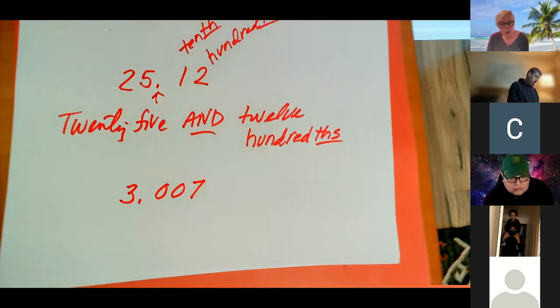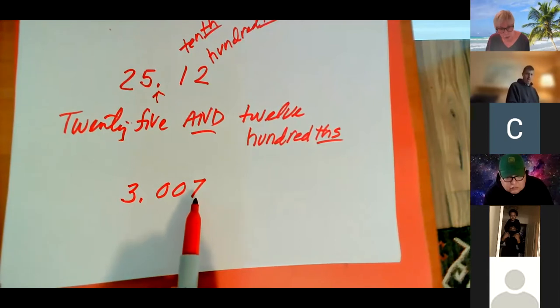Tenths, hundredths, and the 7 is in the thousandths. So this would be read 3 and 7 thousandths. "And" for the decimal point, and 7 is 3 places over, so it's thousandths.